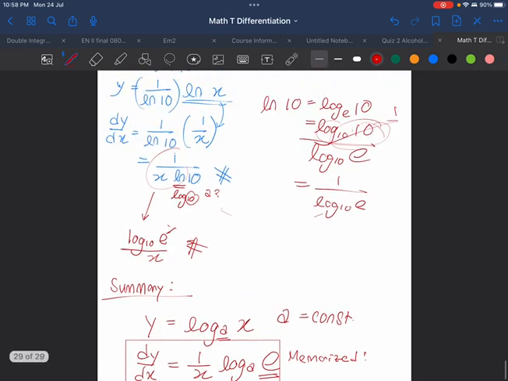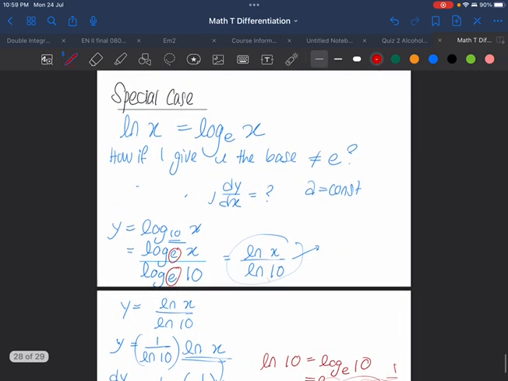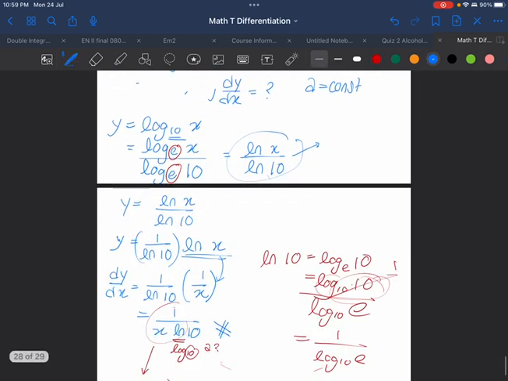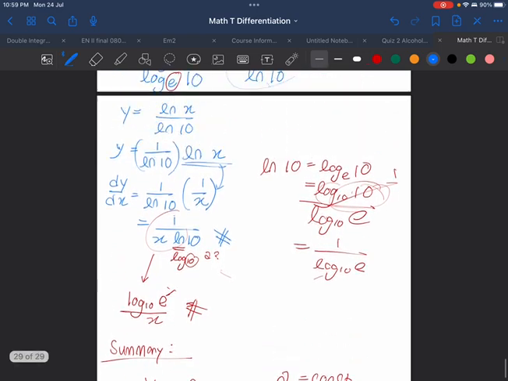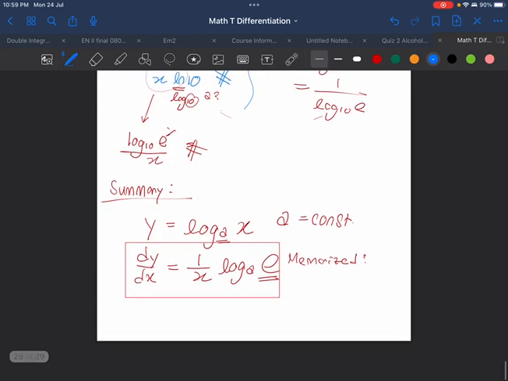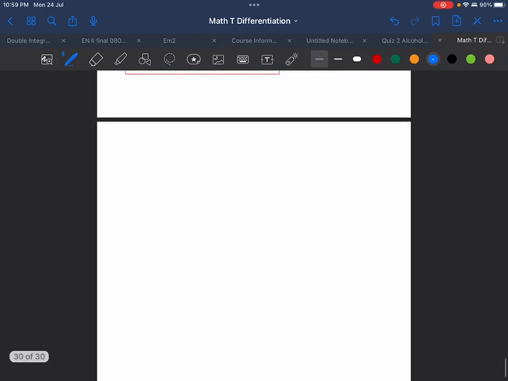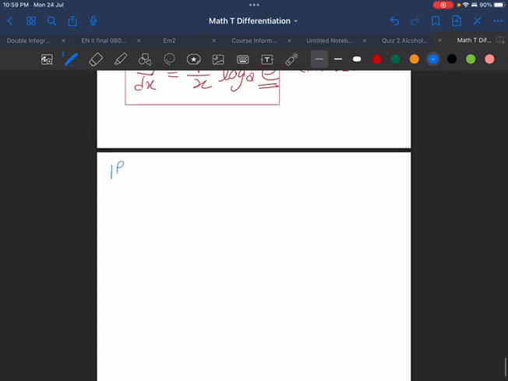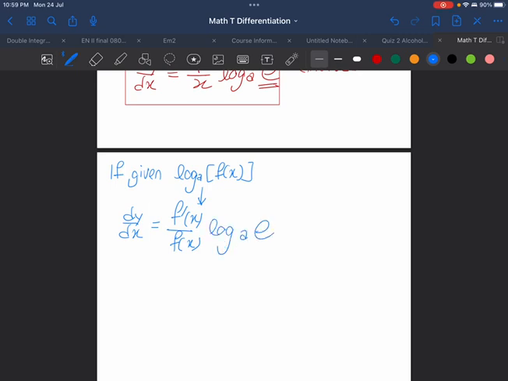And if given log base a of f(x), then dy/dx is equivalent to f'(x) over f(x) log base a of e. Here will be the answer.